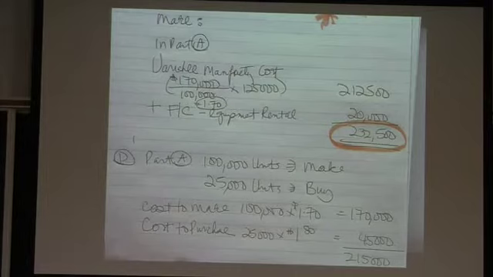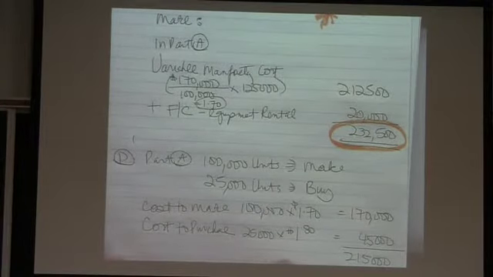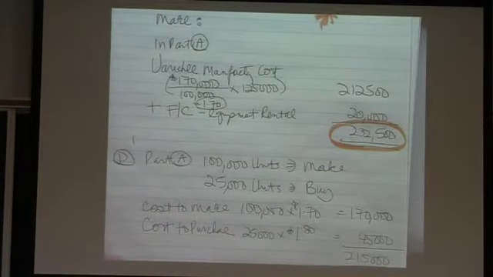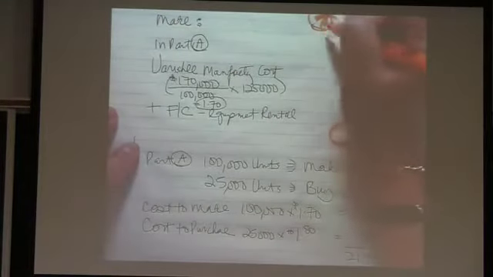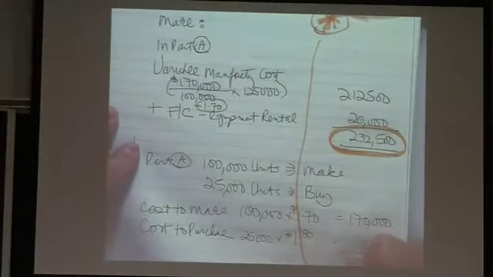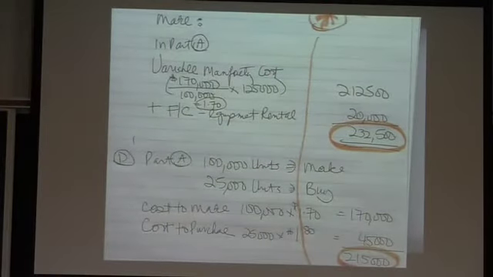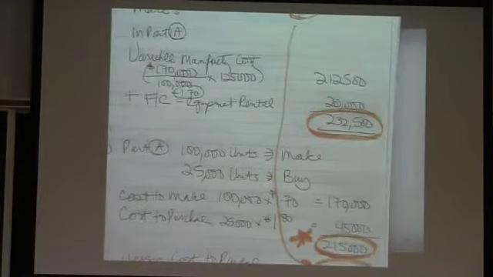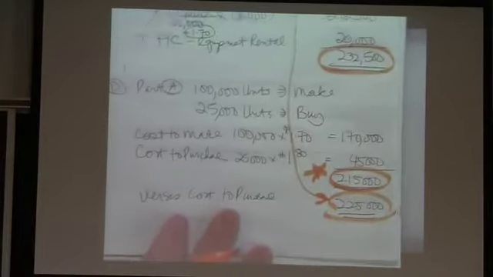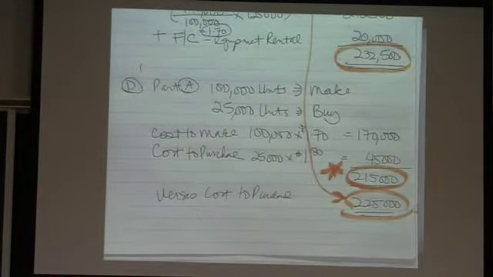Now, versus the cost to purchase, which is 225 from Part C. So remember that 225? We said this was better, but now we're going to compare the two. Which one's better? This one. So it is better to look at a combination of buy versus make.